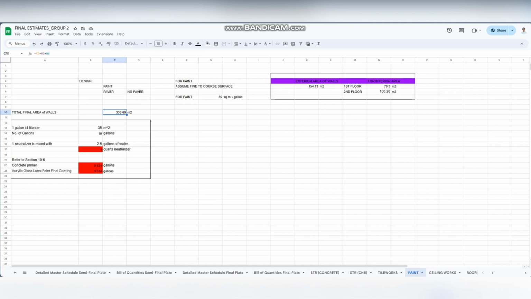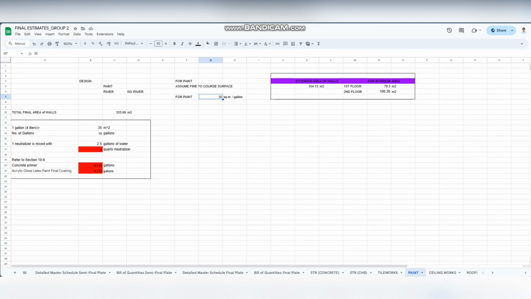Then we divide that by a constant. So we assumed a fine to coarse surface, so it is 35 square meters per gallon. So we divide the total area by the square meters per gallon.